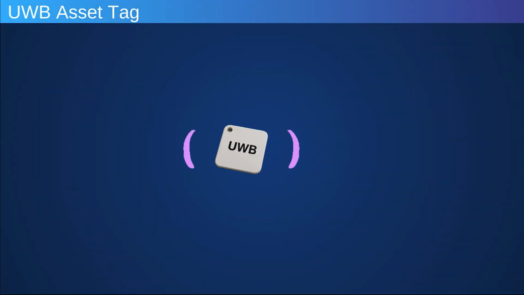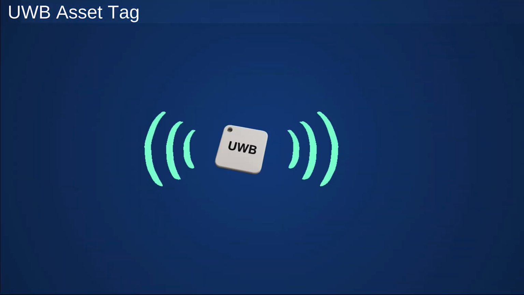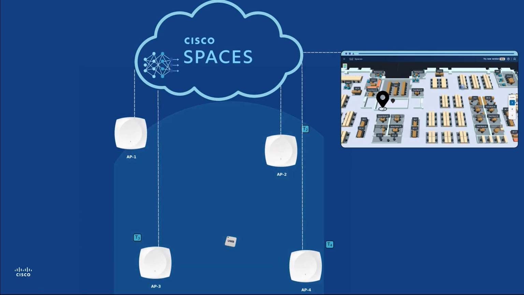A UWB tag transmits a blink message which is received by multiple access points. Using uplink time difference of arrival, each access point records the precise time a signal is received. By calculating the differences in arrival times, the location engine triangulates the tag's exact location. This technique is robust, fast, and energy efficient, making it ideal for mobile tags and real-time updates.